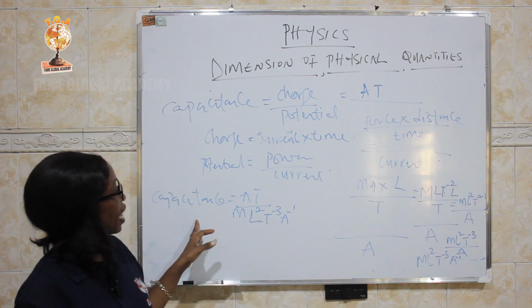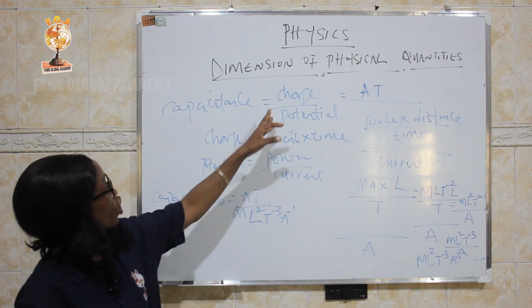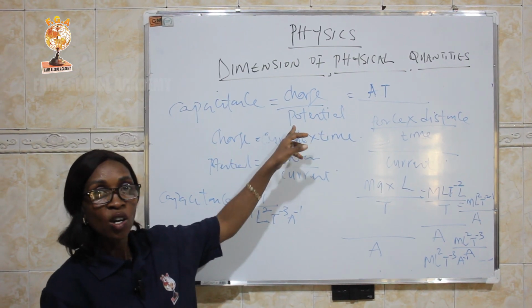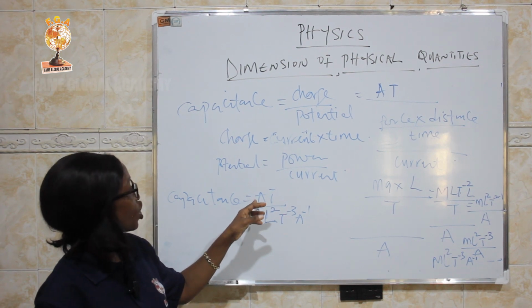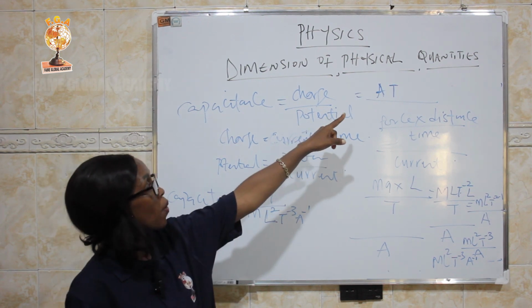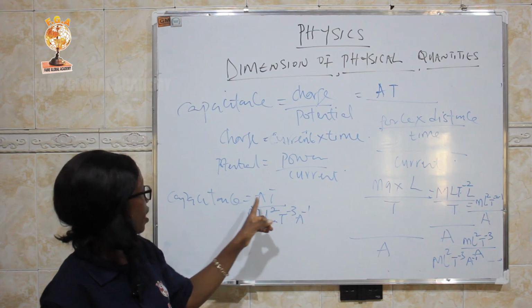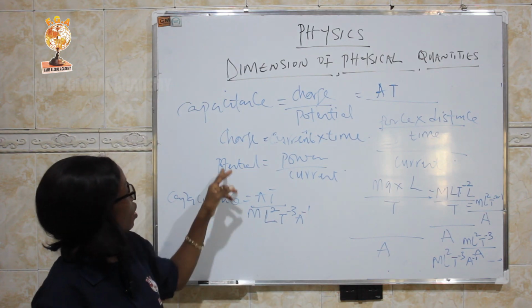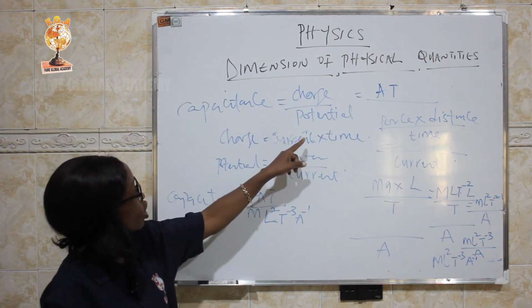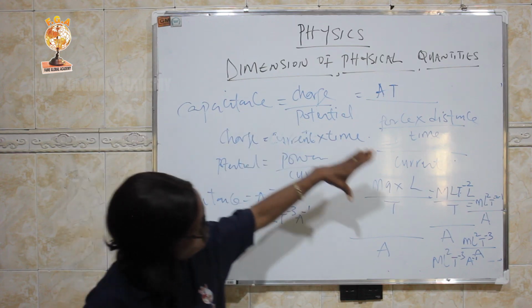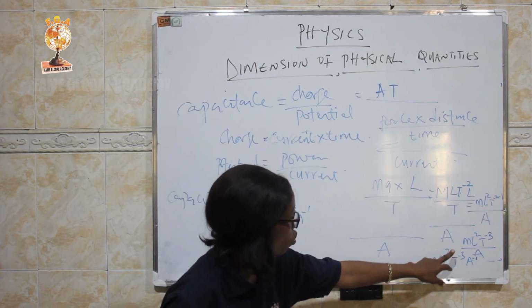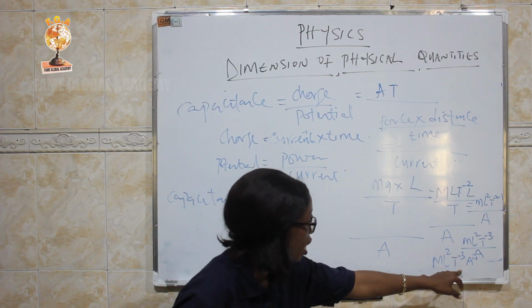Now we said capacitance is charge over potential. You know what charge is? The charge is AT from our dimension. Charge is AT, and capacitance, I said, is charge over potential. Potential now is what we have just done, ML squared T minus 3 A minus 1.